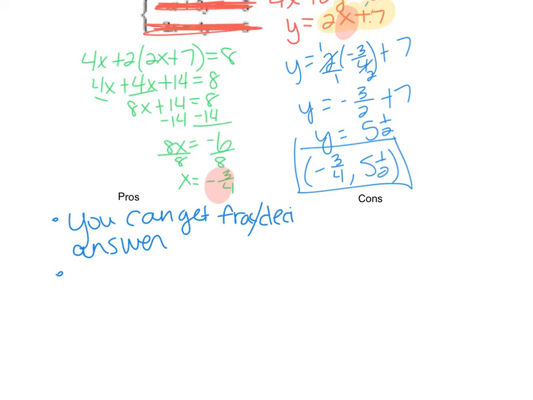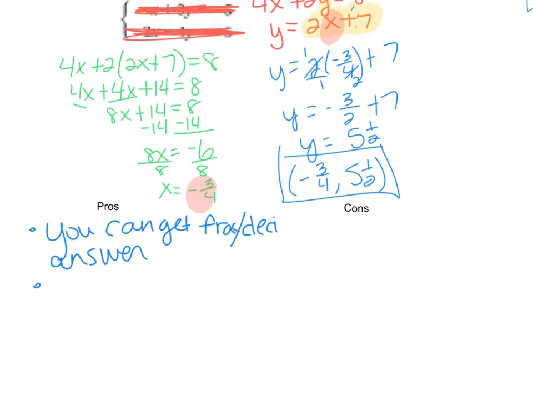Another pro would be sometimes if the variable is isolated already, like the last one had the y already by itself, this can be faster.